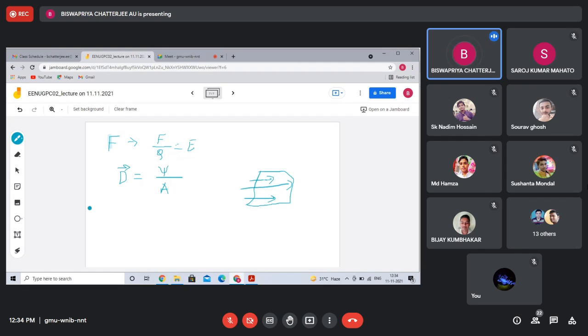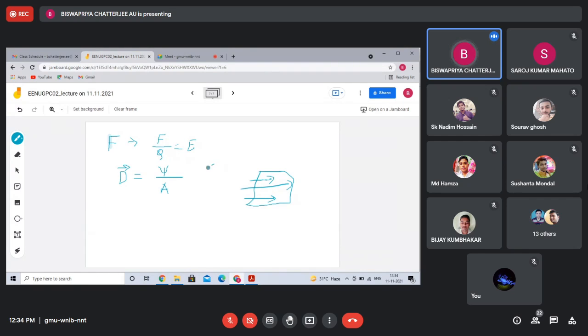So it is total flux passing divided by unit area. It's the new quantity, the electric flux density.